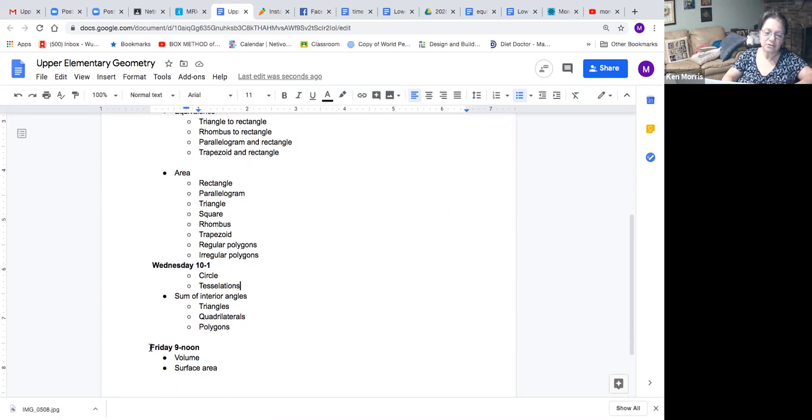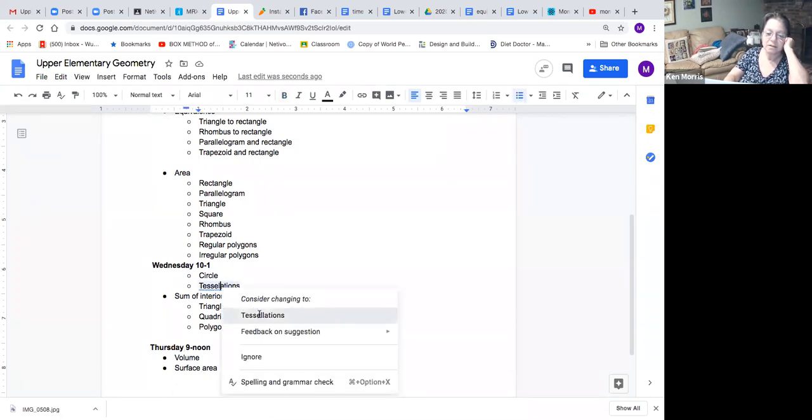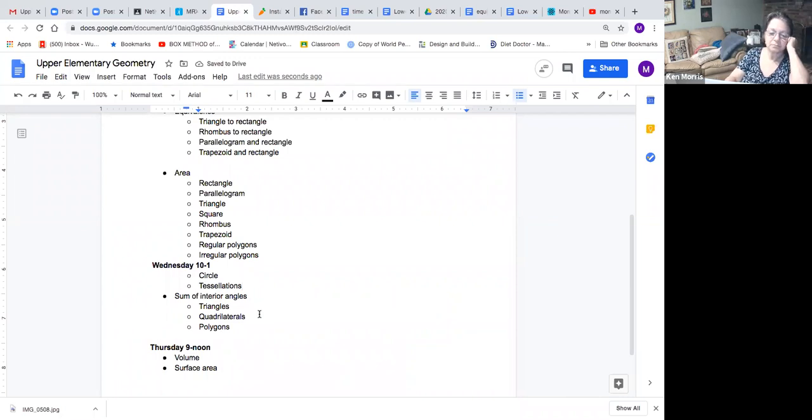We're going to make this Thursday for now, and then we'll see how we're doing. I have a list of additional things I want to show you, but we may end on Thursday, depending on how it goes. And some of the interior angles. I just want to make sure I'm not missing anything. And then we move on to volume.